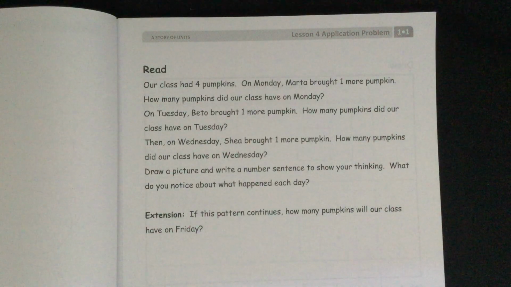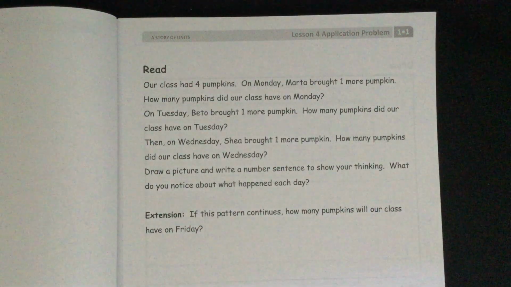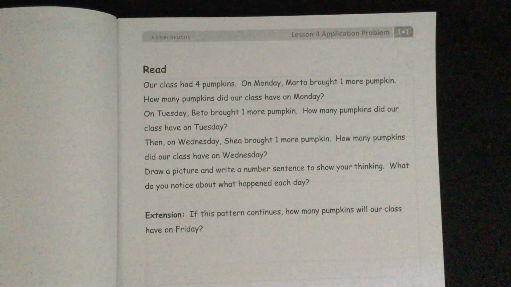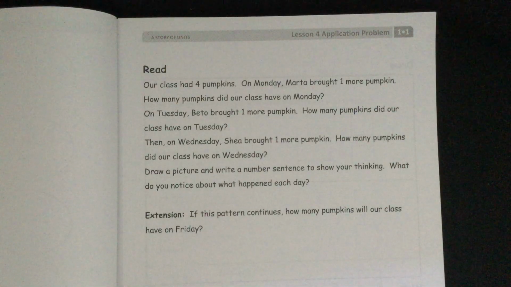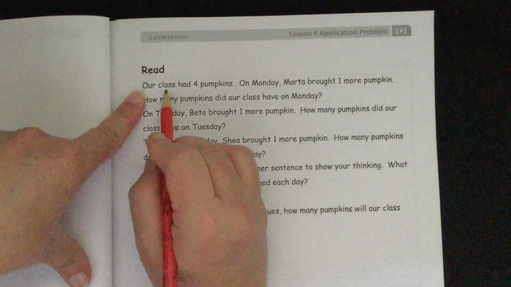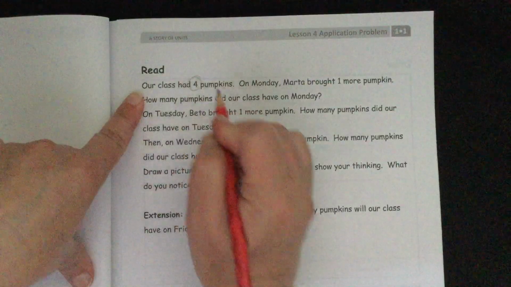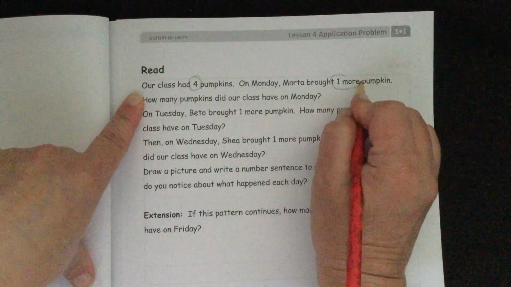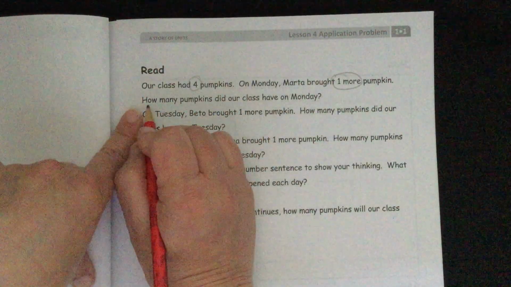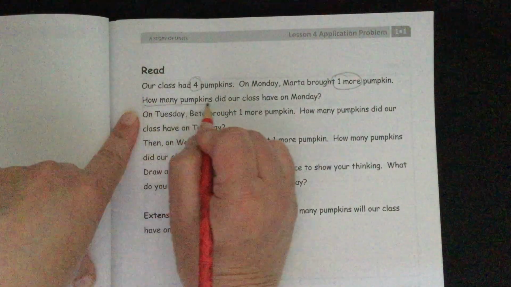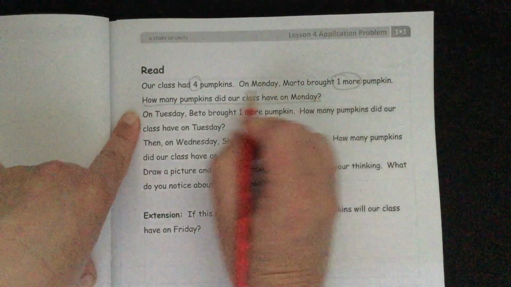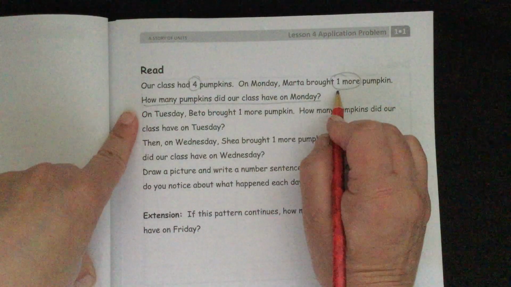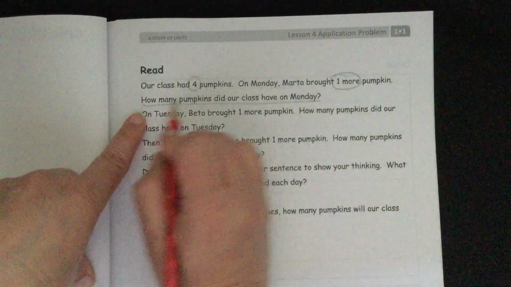Okay, so this is a lengthy application problem, but we can do it. So first, we're going to read it and circle key information. The first part: our class had 4 pumpkins. On Monday, Marta brought 1 more pumpkin. How many pumpkins did our class have on Monday? You see I circled the 4 pumpkins we started with, the 1 more pumpkin that Marta brought, and our question.